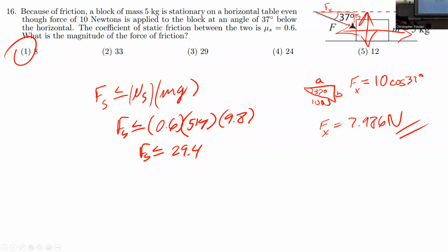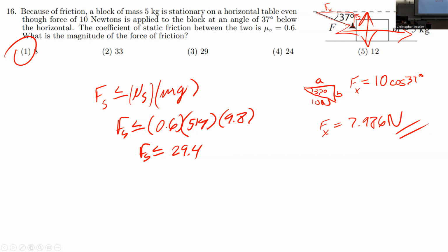Here's the thing, let me think about this for a second. This is actually a good question, because I want to try, let me do something real quick. Let me check. It actually might be, so if we did 10 times 37 sine, we get 6, right? And I'm going to check by doing it that way and see if you still get the correct answer real quick, okay? So we get 6 newtons.